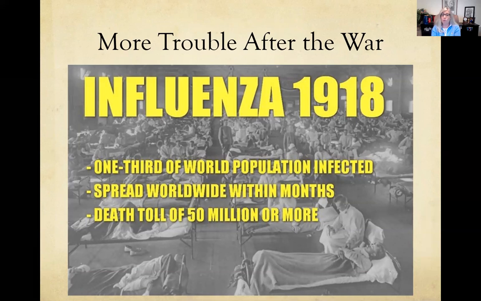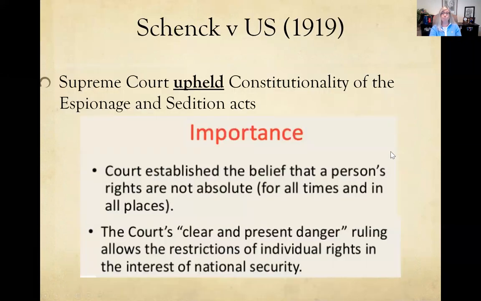But a third of the world's population ended up being infected, and over 50 million people died of the flu in 1918. So if you were lucky enough to have survived World War I, then you've got the flu pandemic on top of that. It was incredibly difficult times coming out of World War I to try to recover from the physical losses of the war, and then now the pandemic.